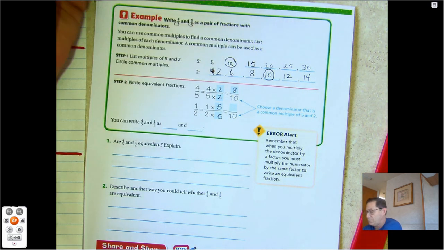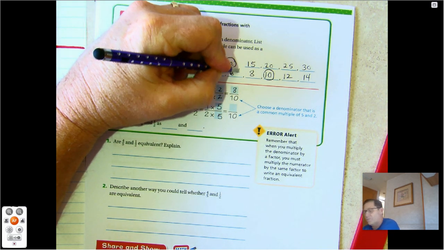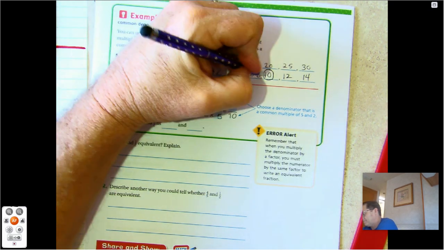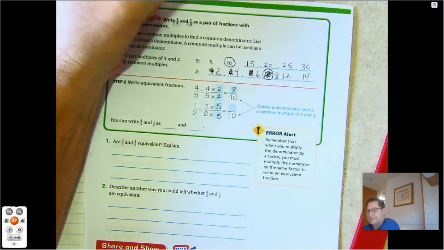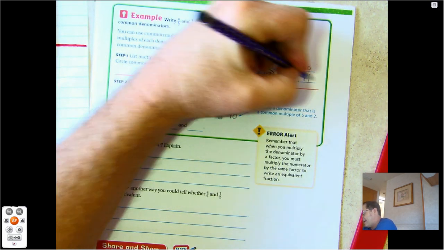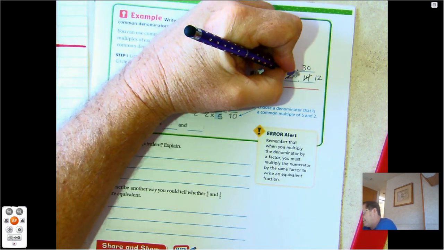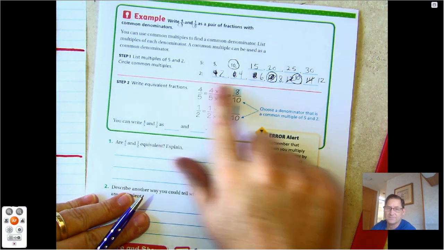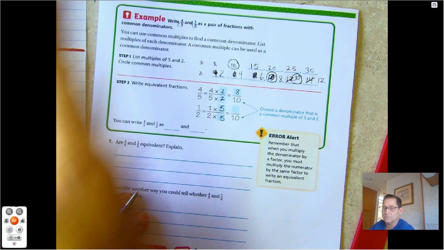So it should have been 2, 4, 6, 8, 10, and 12. The common multiple is still 10. I just wanted to be consistent with how we're listing the multiples.